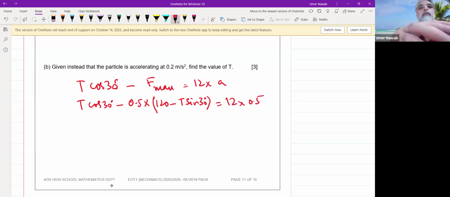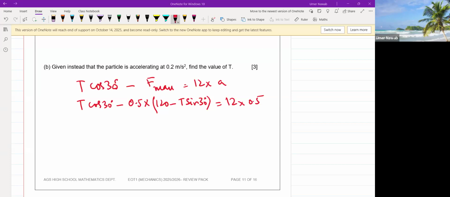Now write everything in the equation solver and see what answer we get. Let's write x times cosine of 30 degrees, close the bracket, minus 0.5 times 120 minus x sine of 30 degrees, close the bracket, is equal to 12 times 0.5.